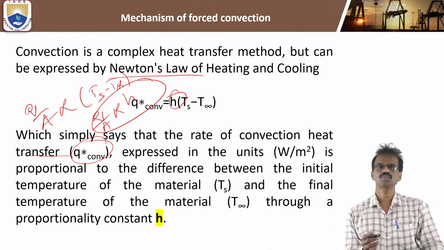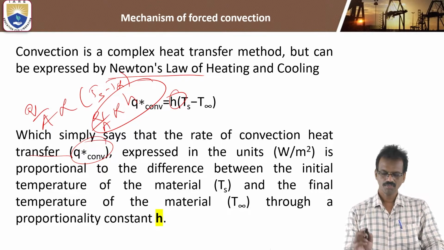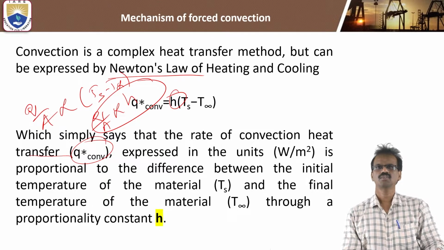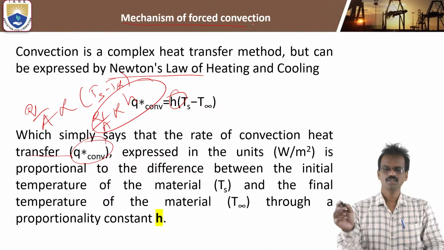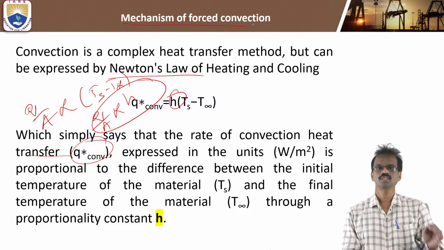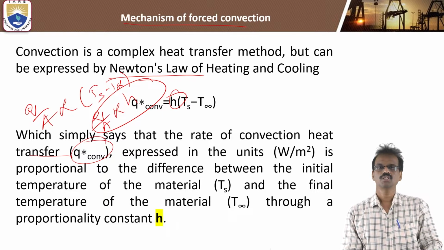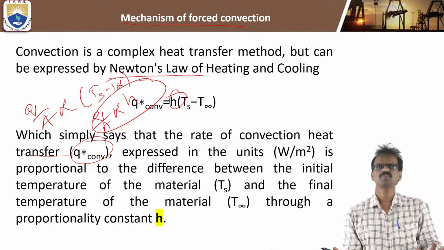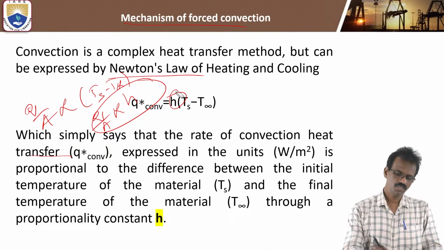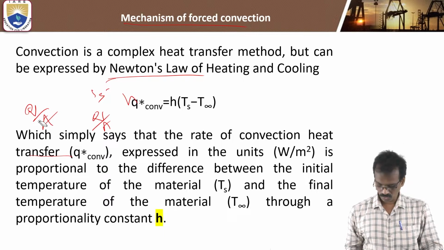We will see the mechanism of forced convection and some numericals based upon it. After that we will see the mechanism of natural convection and flow in pipes, and the different numericals based upon natural convection also. First of all, initially we will see the mechanism of forced convection.